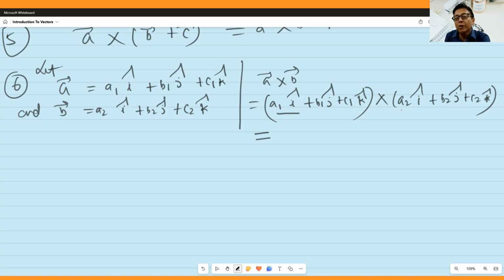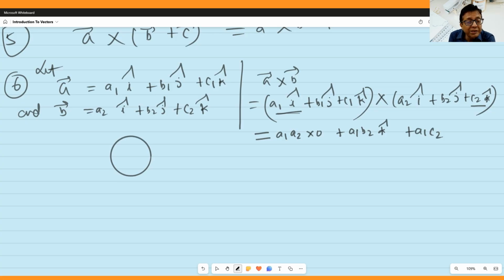Distribute this on all these. A1 A2 into 0. Why? I cross I will be coming. I cross J is what? K. Then I cross K is what? See, it is not following the order, no?